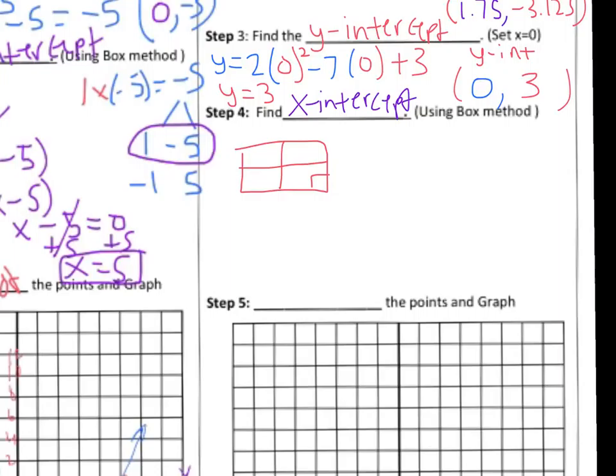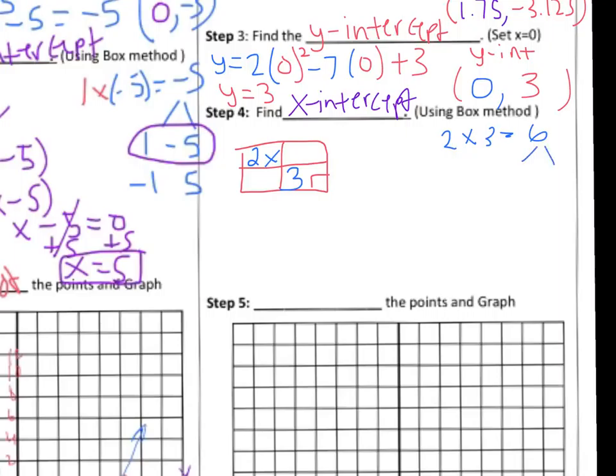We're going to put the first term, 2x squared, and then our last term is 3. Next, you're going to multiply the two coefficients, so 2 times 3 equals 6.